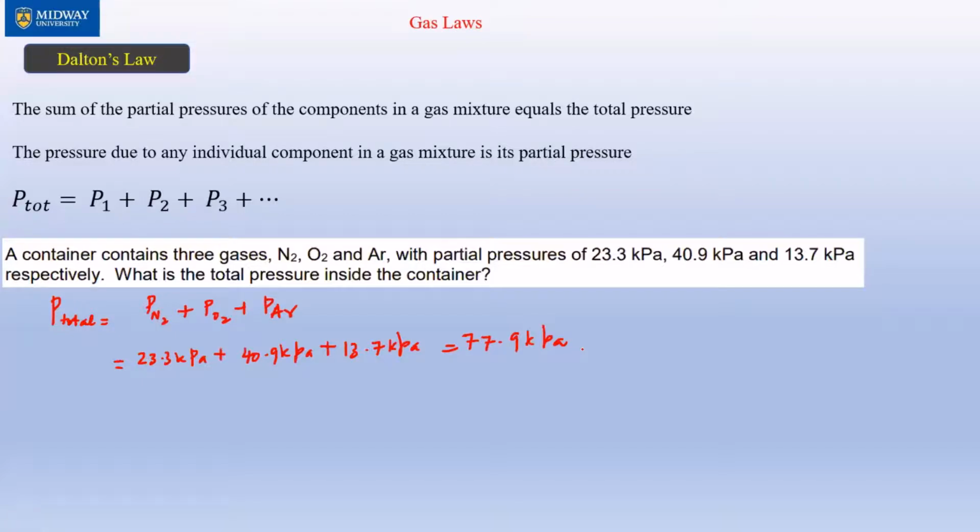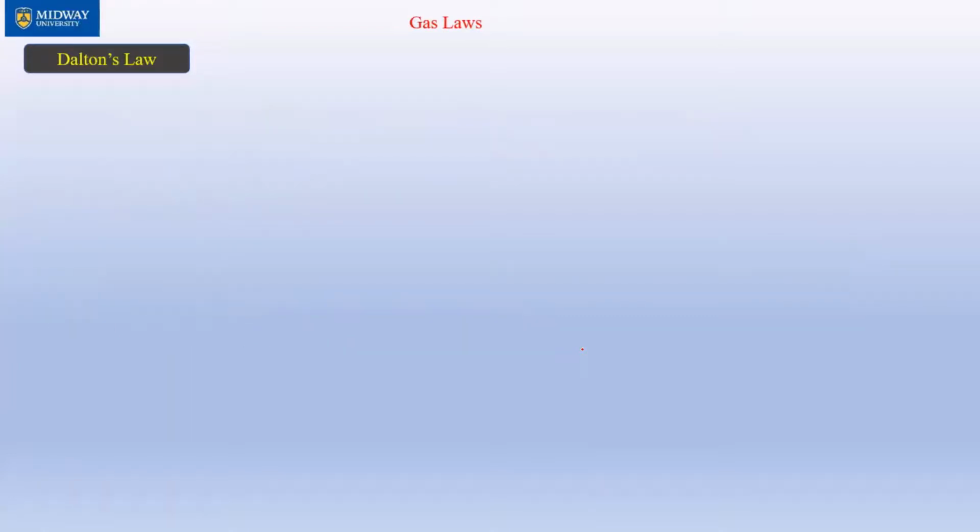The second is not necessarily difficult, but requires a little more work. Now, we said the total pressure is the sum of all the partial pressures, right? But in the previous problem, the partial pressure was already given to you, so it made the problem easier. But what if you don't know, but you have to calculate it?